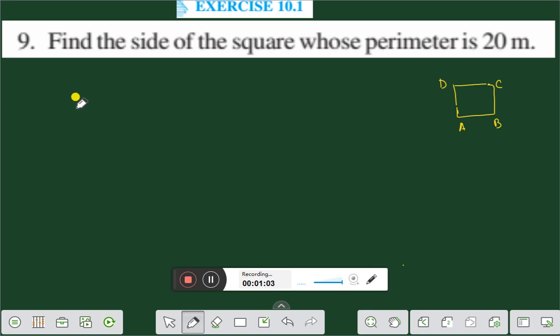We know that here the solution is, we know that.